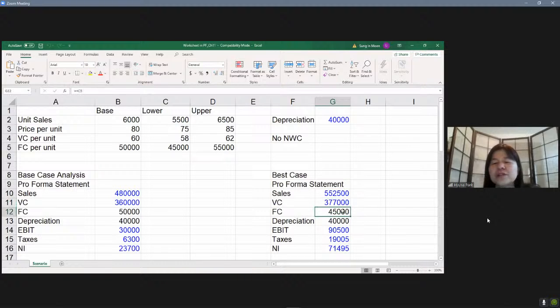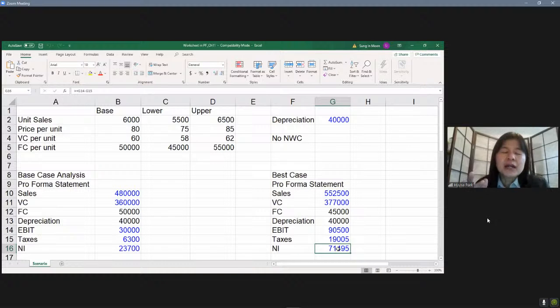And for the fixed cost scenario, the lowest amount is 45,000, and depreciation. You follow the same logic for the mechanical calculation. But this is just a simplified example, and it depends on what kind of project we are looking at.